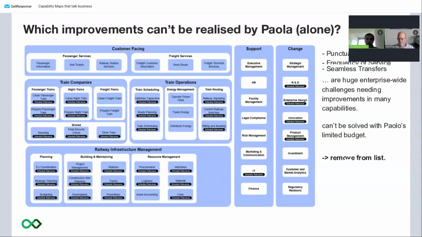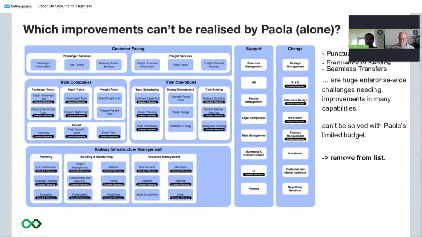So the first filter she applies here is what's not realistic with 39 million euro, because we need to address those capabilities. Paola can't solve it, and there's already a huge project ongoing to improve the punctuality.